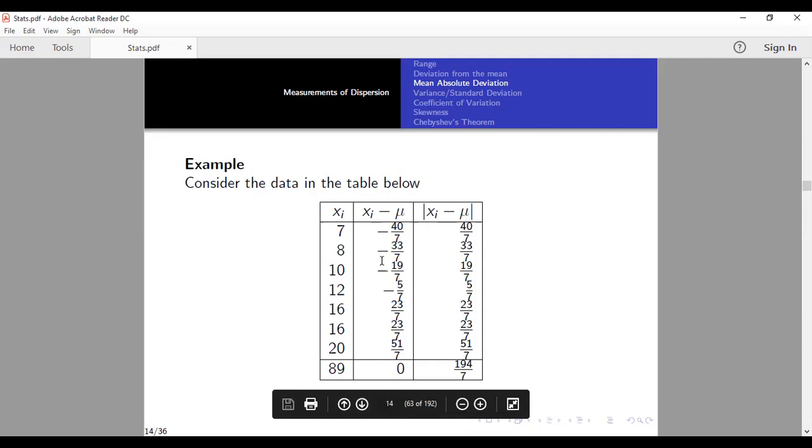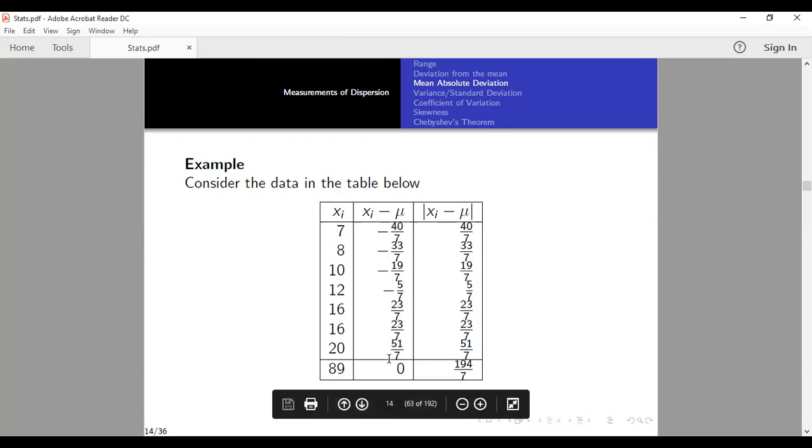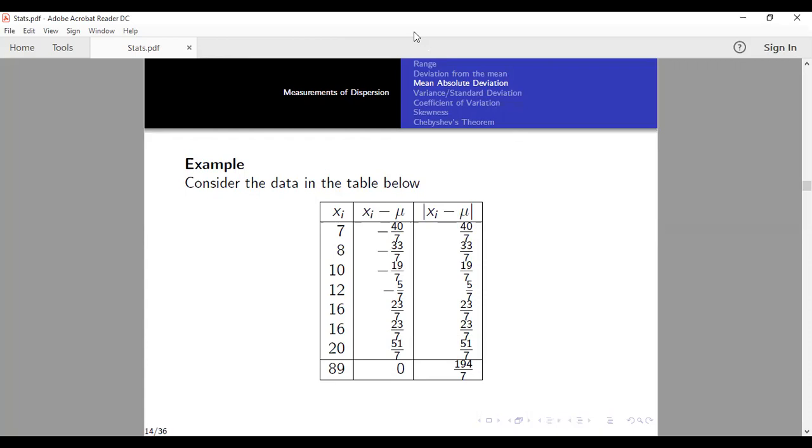That's why we need to remove these negatives and keep these positives, so that we do not have this 0. We do not want that 0. That 0 takes us nowhere.